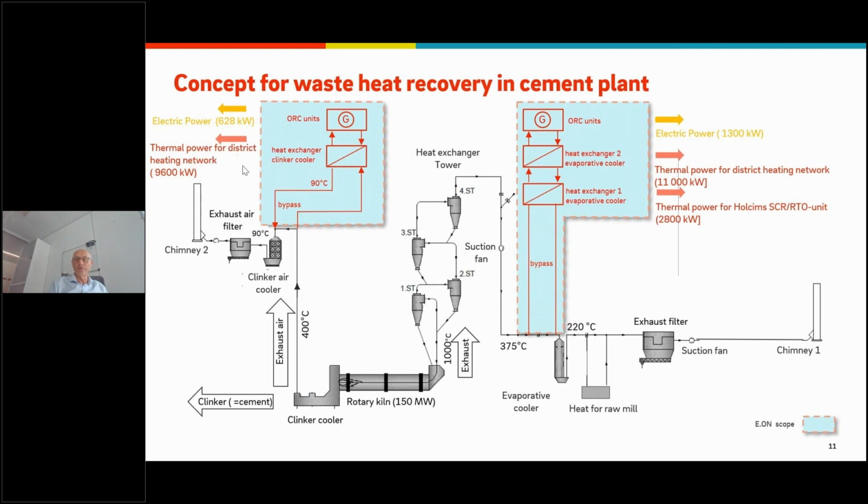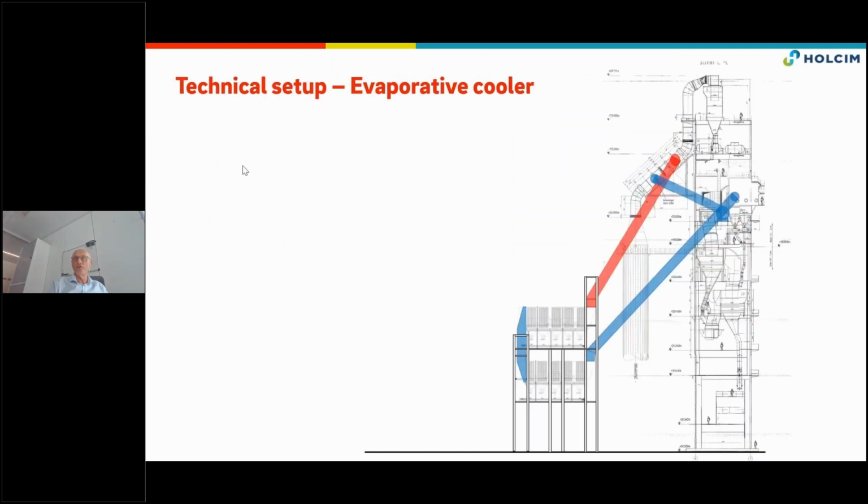In the next picture, you can see a little bit the dimensions we have to deal with. This is the heat exchanger tower you see here, and the red one is here. We have to go out from the duct here, and that is a heat exchanger we have to build up.